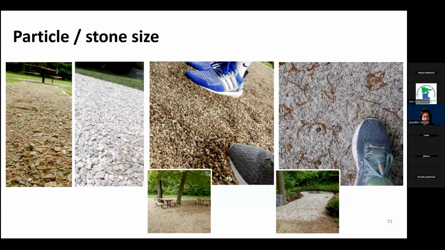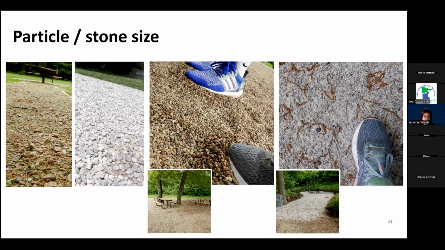We definitely know from case law that gravel is not considered an accessible surface. We also know from case law, the center photo with the blue tennis shoes, that pea gravel is not an accessible surface.